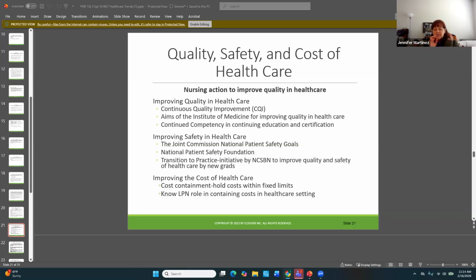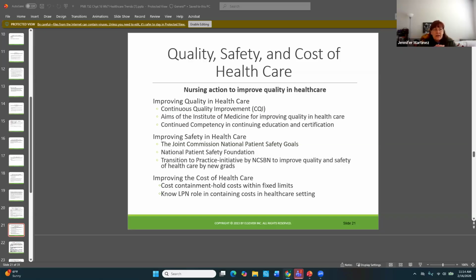The CQI committee is going to go back and review all those cases of those patients' falls, and then look at ways to prevent them from happening again, or even preventing adverse events. So CQI looks at things that have already happened to try to improve upon.